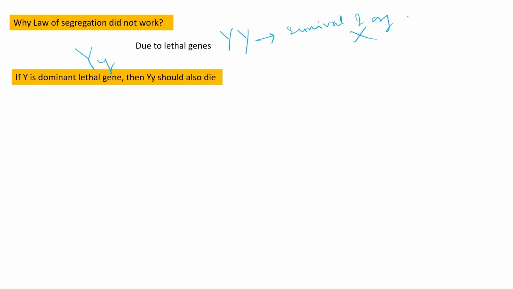But here we are saying that capital Y small y is surviving, and only capital Y capital Y is unable to survive. If Y is a dominant lethal gene, this genotype should also have died, because we know that a dominant allele expresses itself. So that means this is a case of lethal gene and pseudoallele.